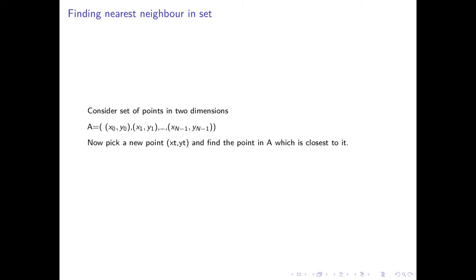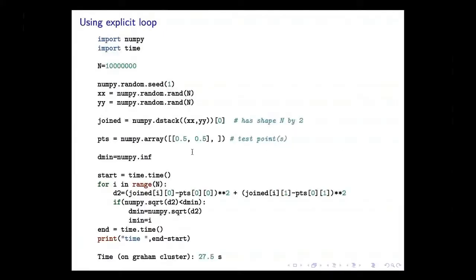So, you know, the brute force way to solve this is we could loop over all the points in A, compute the distance between each point and our new test point, and then look for minimum distance. So that's what I'm going to do. And just to illustrate how the bad way is actually quite slow, I will use an explicit loop again.